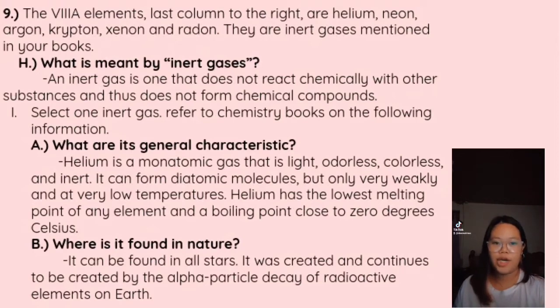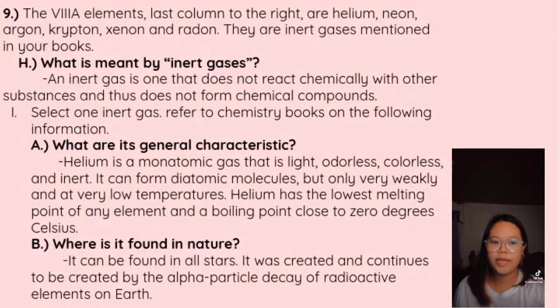Select one inert gas. Refer to chemistry books for the following information. Letter A. What are its general characteristics? Helium is a monatomic gas that is light, odorless, colorless, and inert. It can form diatomic molecules but only very weakly and at very low temperatures.